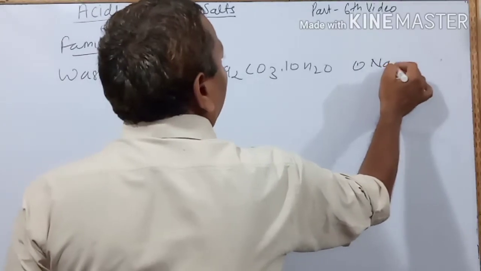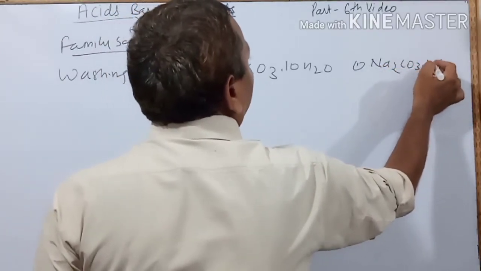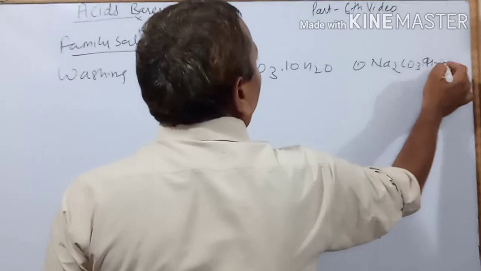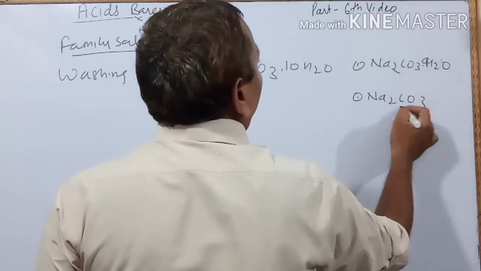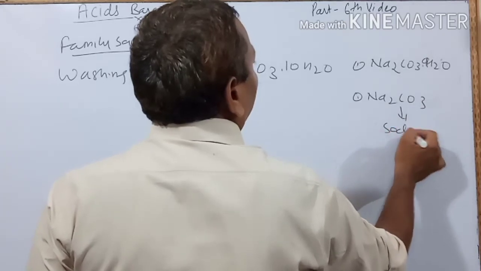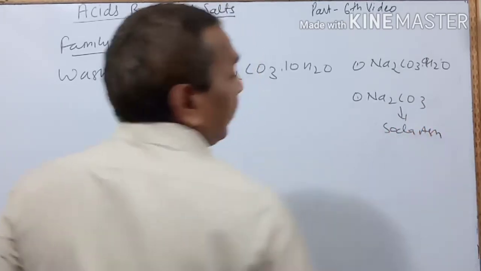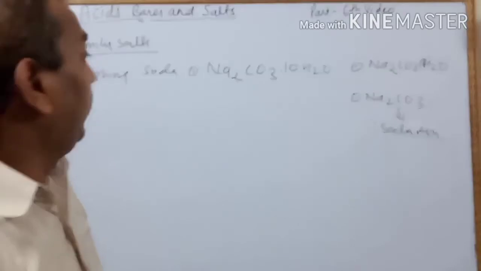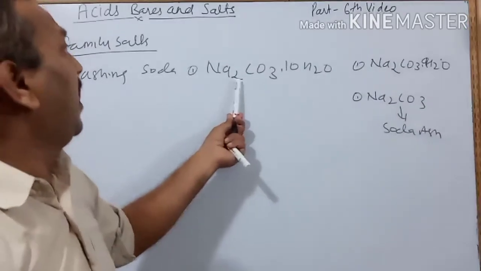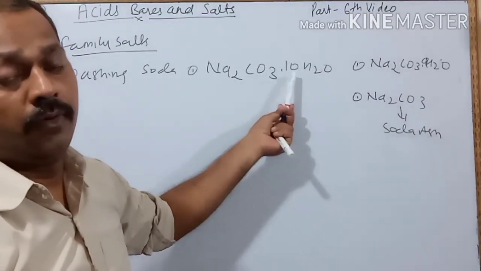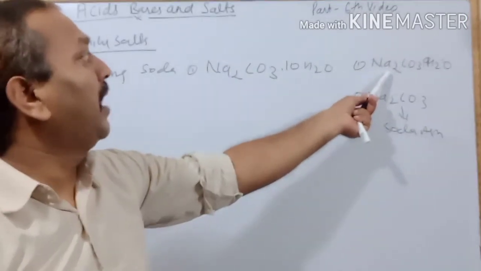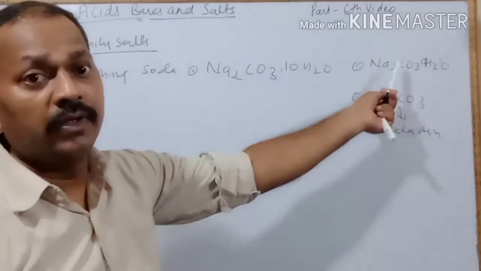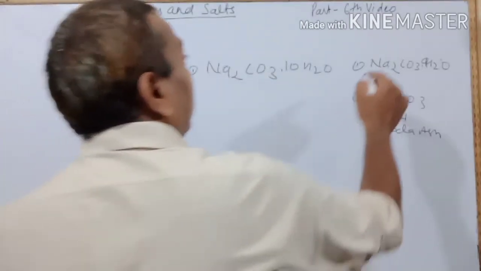Second, Na2CO3·H2O, and third is only the anhydrous white powder, which is known as soda ash. Children, make sure this is washing soda, Na2CO3·10H2O. At ordinary temperature, standing for some time, it will form Na2CO3·H2O. This is known as efflorescence.